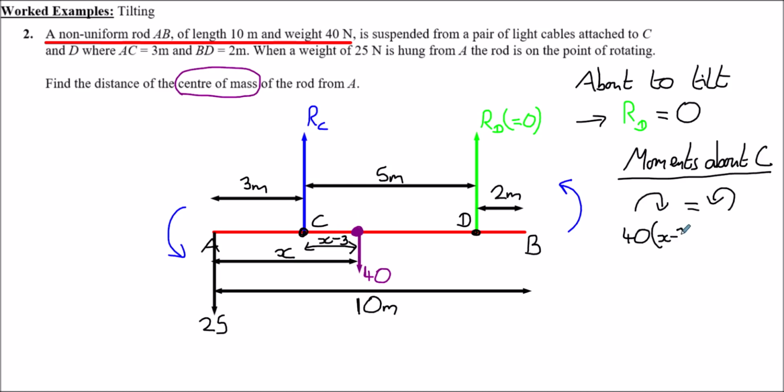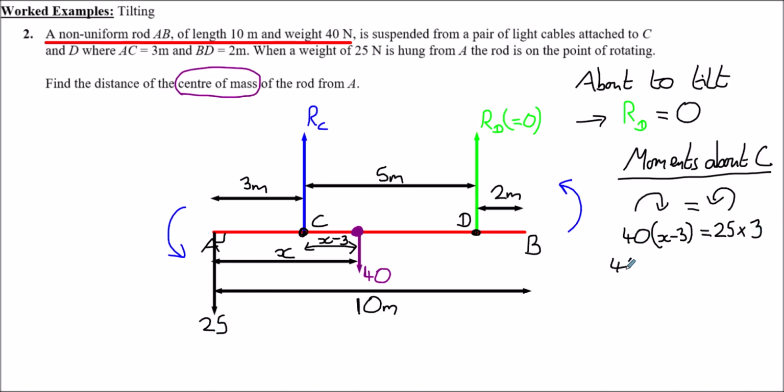So 40 lots of x minus 3 will equal the sum of the anti-clockwise moments around C. Relative to C, the only anti-clockwise moment in action is going to be the weight here, which is 25 newtons. So it's going to be 25 multiplied by the distance of the line of action of this 25 Newton force from C. You can see here that the distance of this force from C is this 3 meters. So the moment due to this force is 25 multiplied by 3.